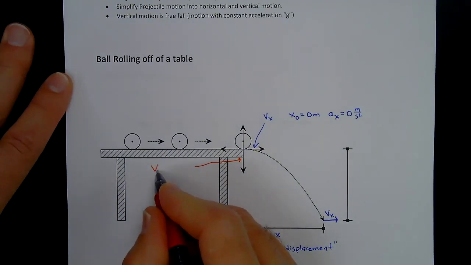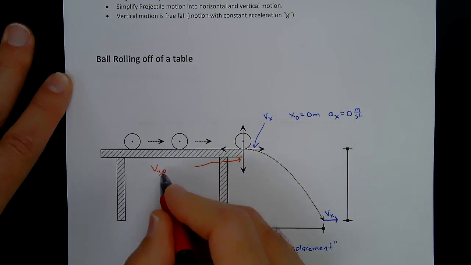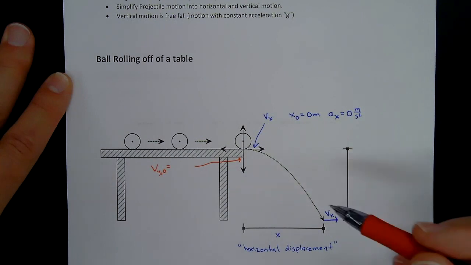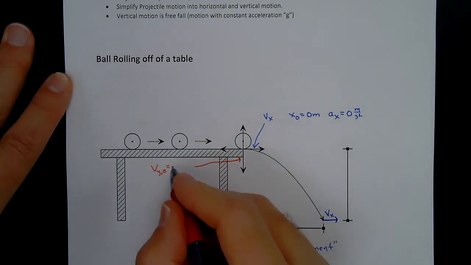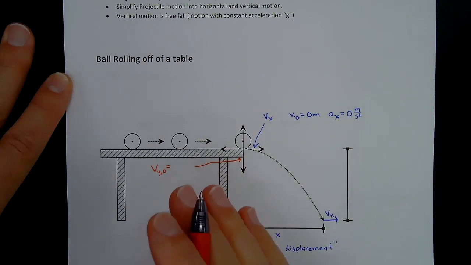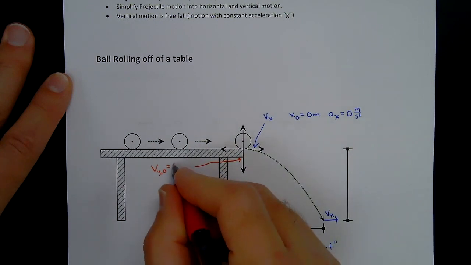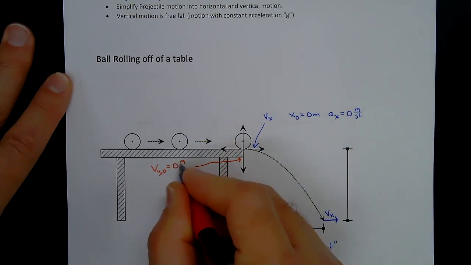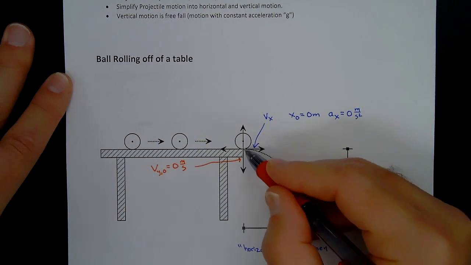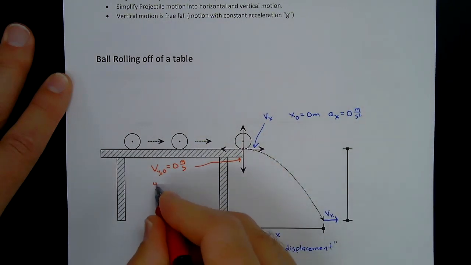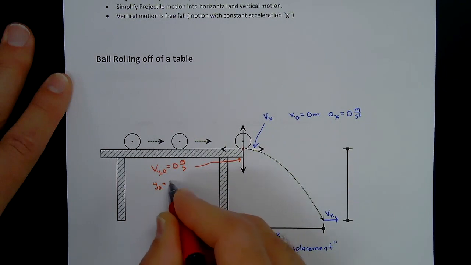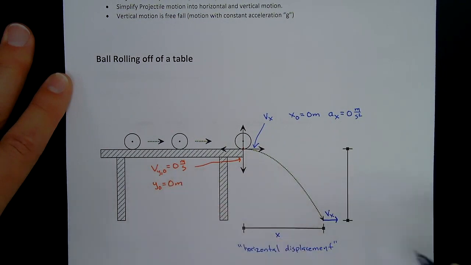So we'd say v sub y, velocity in the y direction, original, is equal to 0 meters per second, because it behaves just like the one we dropped. Because we're measuring from this point right here vertically, that means y sub 0 is going to be 0 meters.